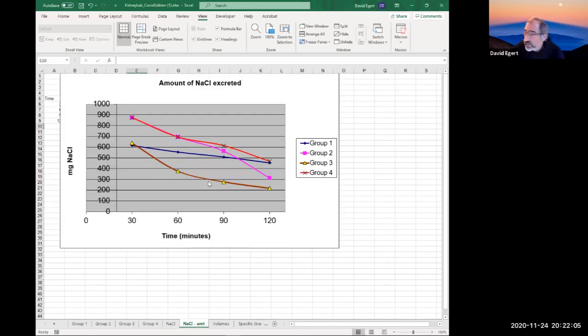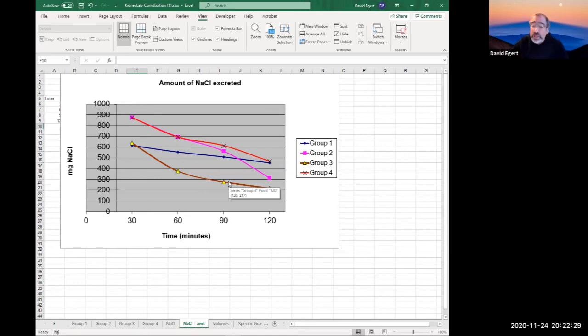And if you look here at how much salt was actually getting peed out for each pee, you can see that group 3 actually had the least amount of salt leaving their body. But I think that was because they had very little actual urine to dissolve it in, right?